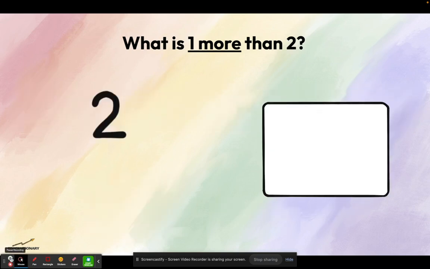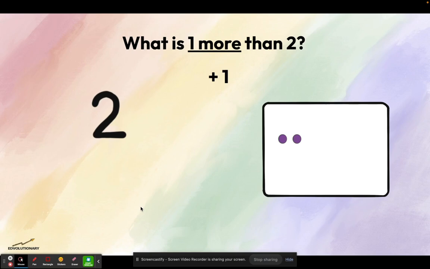Thursday, we now just have the number, but we are going to encourage them to use their whiteboards to figure it out. So, what is 1 more than 2? And we're starting off simple because we've removed a lot of the visual scaffolds. So, 1, 2, draw it on your board.